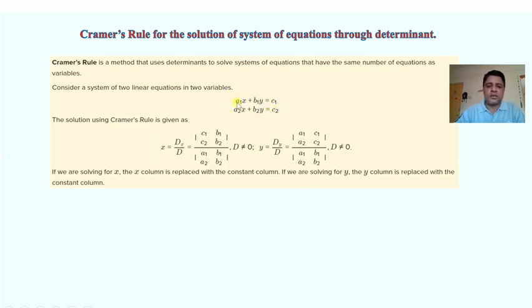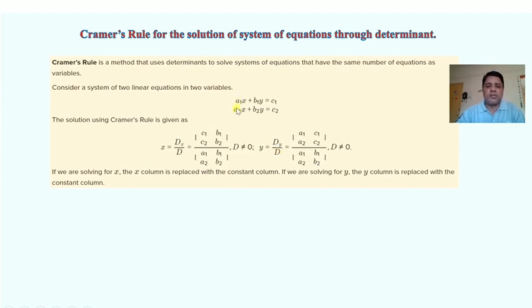If there are two variables, there will be three determinants, and if there are three variables, there will be four determinants. What the matrix A was in the matrix method will be denoted here by capital D, and its value is the value of determinant D.